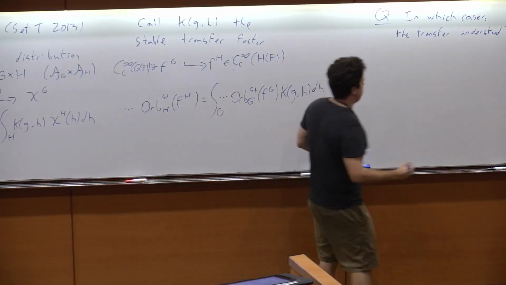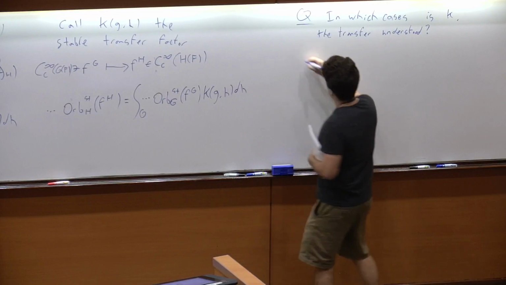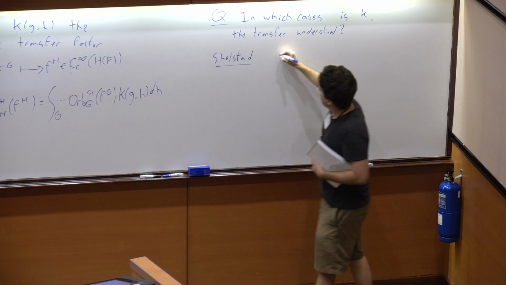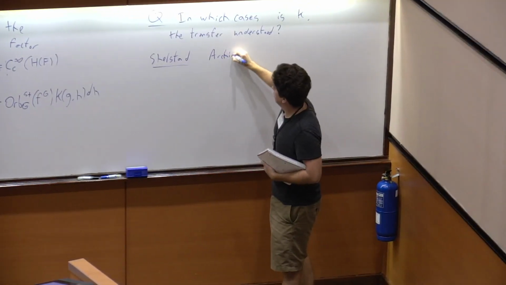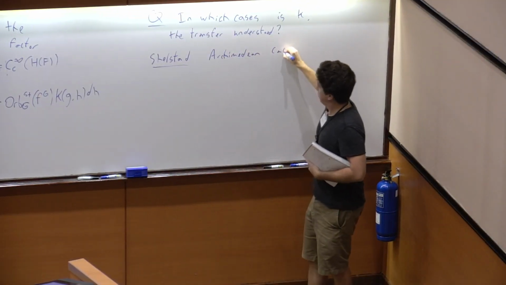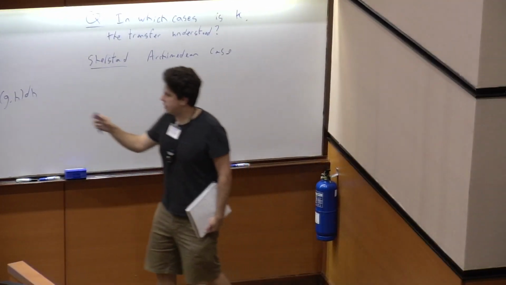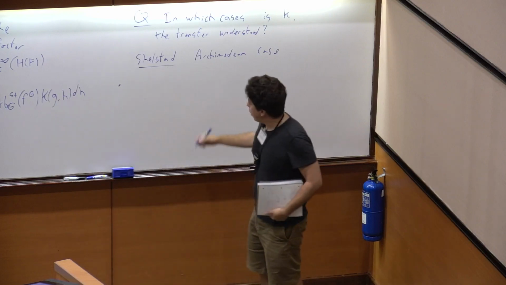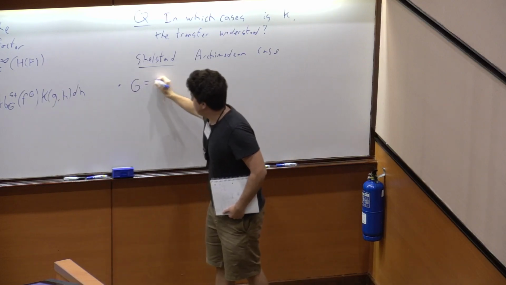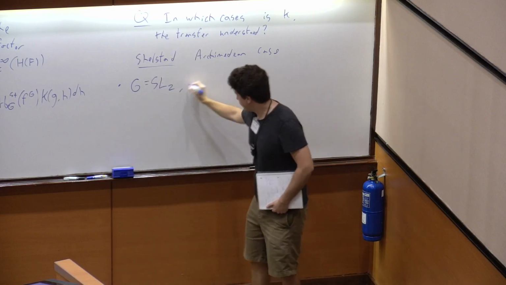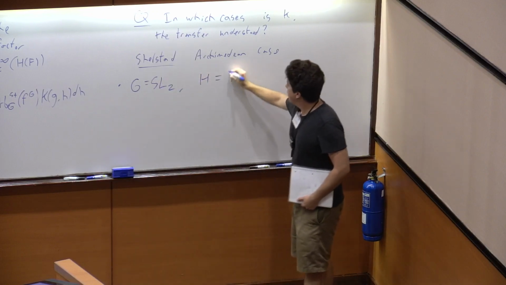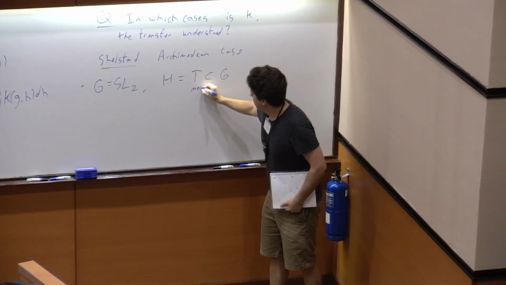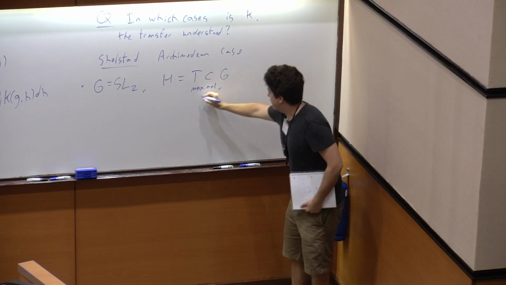For one thing, I know that there's work of Shelstad being done in the Archimedean case, which is work in progress, but I'm focusing instead on the p-adic case here. So an example where everything is known is the case where G is equal to SL2, and the group H is just a torus, which is maximal and elliptic.